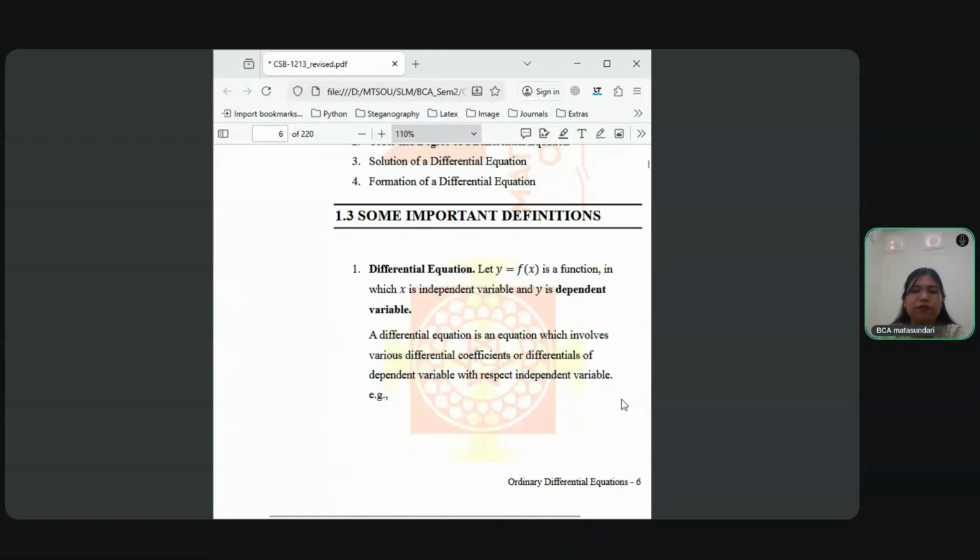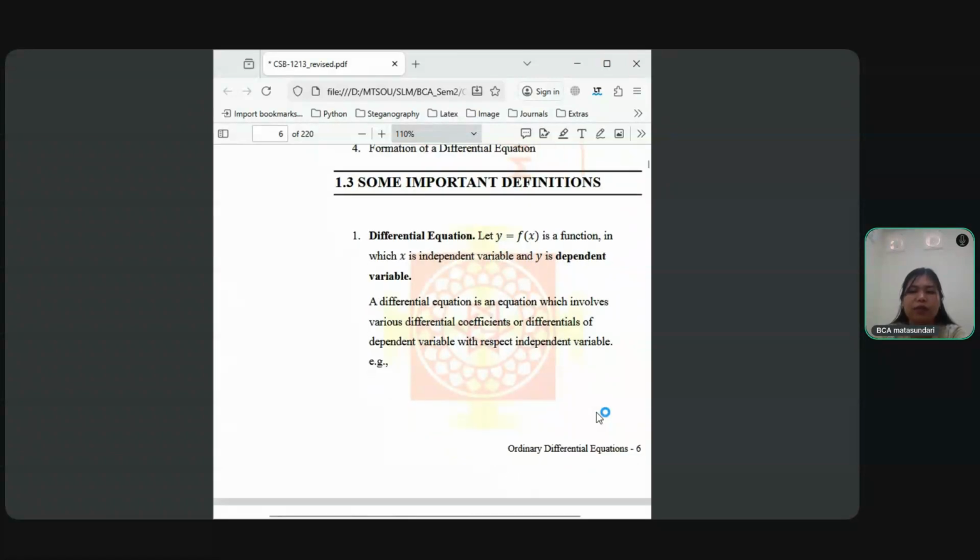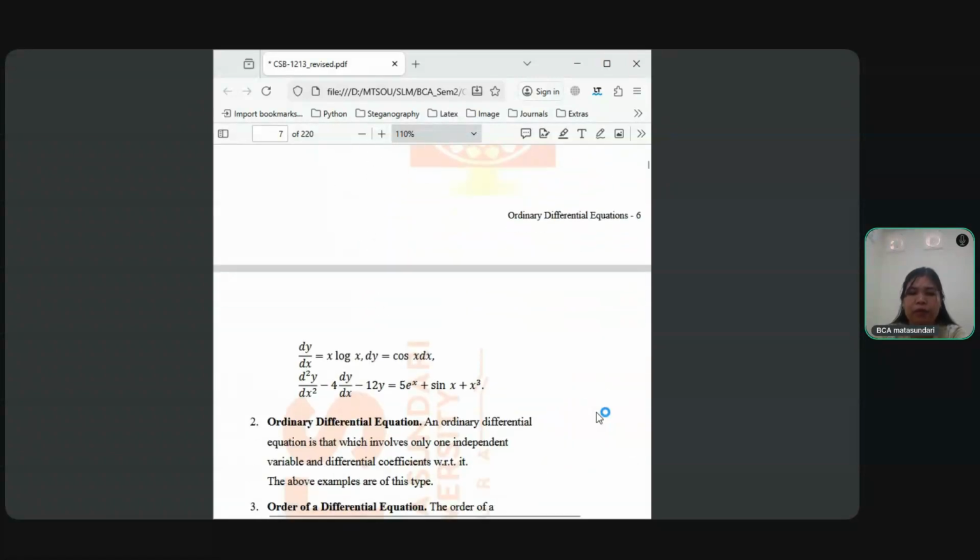Some important definitions we'll be seeing here. First, differential equation. Suppose that y equals f(x) is a function in which x is the independent variable and y is the dependent variable. A differential equation is an equation which involves differential coefficients or differentials of the dependent variable with respect to the independent variable. Here we'll see some examples: dy/dx = x log x; dy = cos x dx.